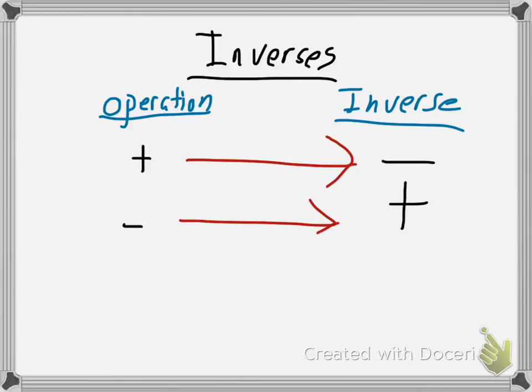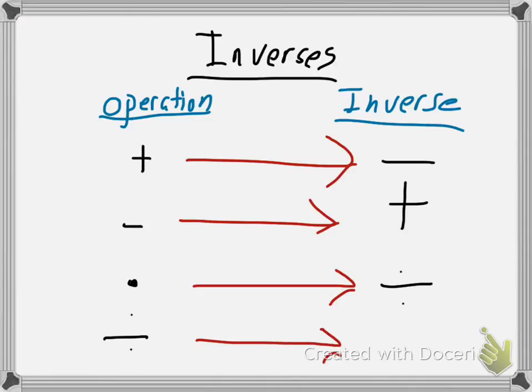So if I have addition, my inverse is subtraction. If I have subtraction, my inverse is addition. And while I'm at it, if we have multiplication, that dot means multiplication, I know its inverse, or its opposite, is going to be division. And if I have division, its inverse, or its opposite, so what's going to be undoing it, is multiplication. I'm just going to use the dot there for multiplication.